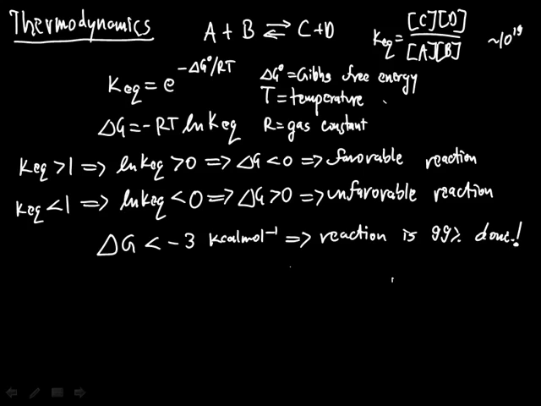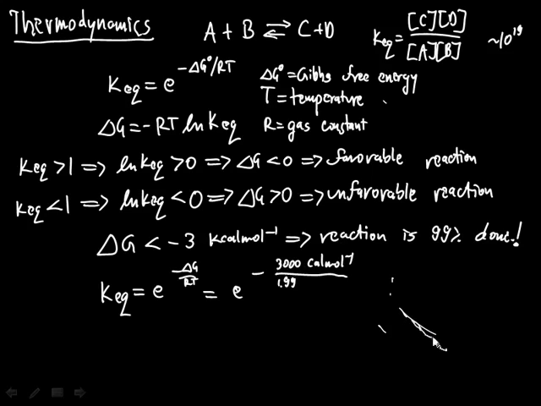How do we know this? Well, we plug this delta G value into our K_eq equation. So this is e to the minus delta G over RT. So that is now e to the minus, minus 3,000 calories per mole, we've got to convert this into basic units, over 1.99 calories per mole Kelvin, that is the R constant, times 298 Kelvins, which is our room temperature.